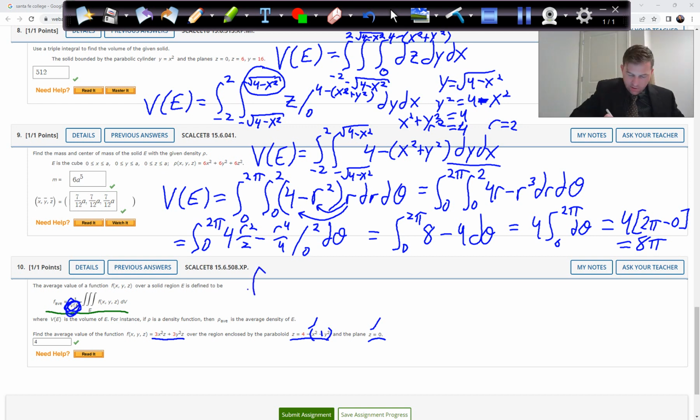So the average of this is going to be 1 over this volume, which is 8 pi, times the antiderivative of the new one, which is going to be this function. So let's see what we got here.